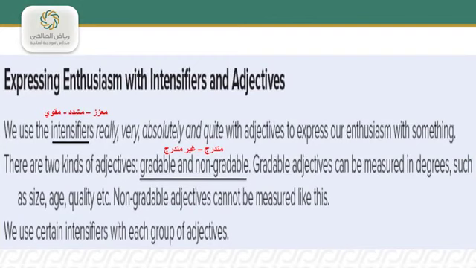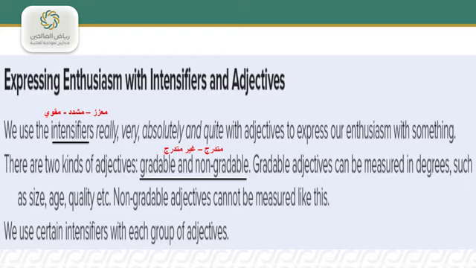We use these two kinds of adjectives for expressing enthusiasm with intensifiers and adjectives. We use the intensifiers really, very, absolutely, and quite with adjectives to express our enthusiasm with something.